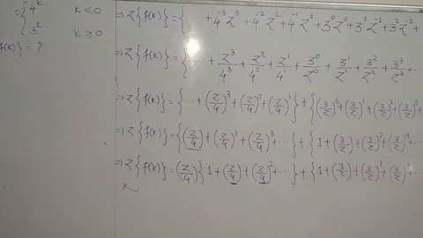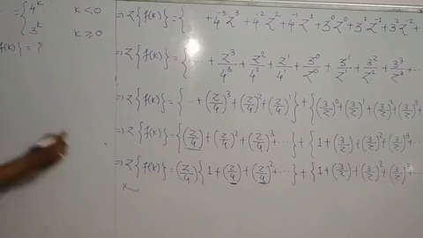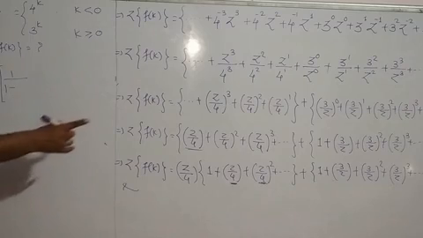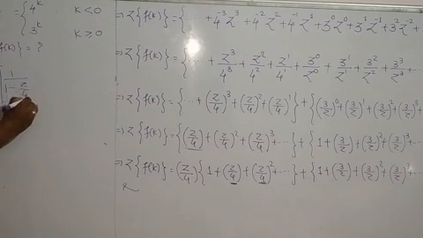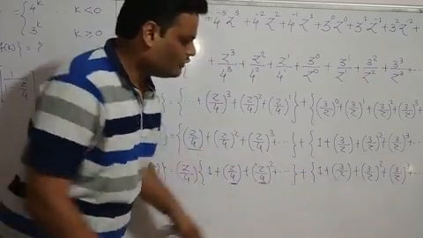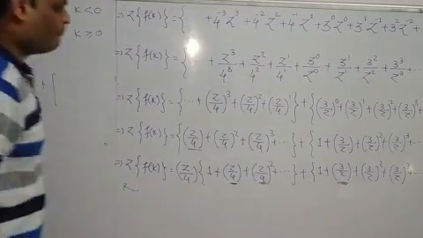So Z of f of k is, now this z by 4 remains as it is, into a bracket you have 1 upon 1 minus z by 4, plus into another bracket. Now for this one, the value of x is 3 by z, right?